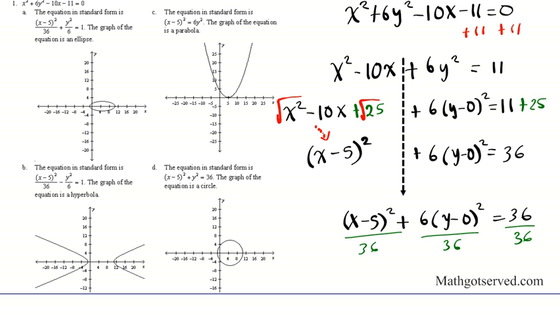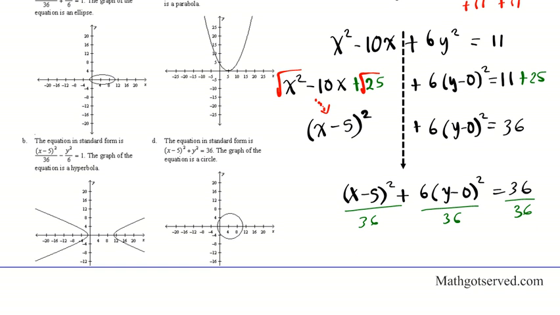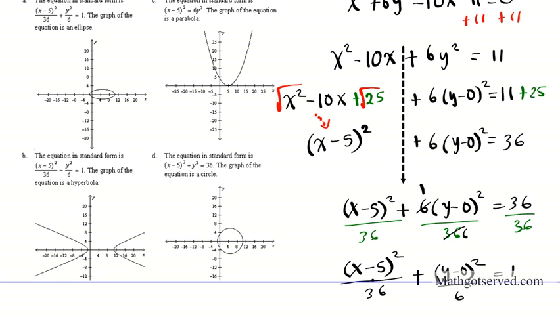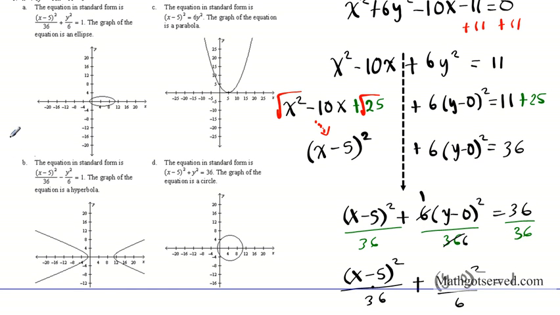All right, so that's going to leave us with x minus 5 quantity squared over 36 plus, 6 goes into itself once and it goes into 36 6 times, y minus 0 squared over 6 equals 1. Okay, now this clearly matches with option letter A.